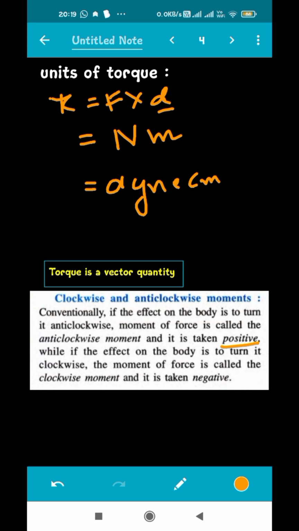So whenever an anti-clockwise moment or anti-clockwise motion is there, we have to consider that the moment is positive in nature and vice versa. That means whenever the moment is in the clockwise direction, the moment of force is taken to be negative. So this is a very important understanding because it might be asked for 1 to 2 marks.